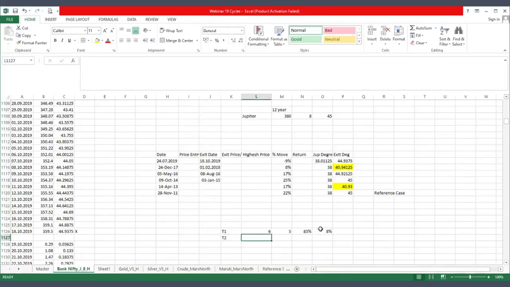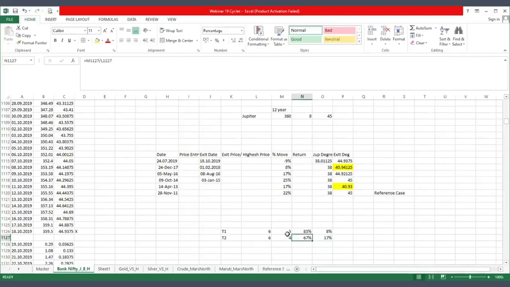Now I am going for the second target. What could that second target be? Cases are 6. Now this is something I have to give up, so I am giving up that I will not be aiming for only this, or maybe I will aim for that, but I will also aim for a bigger target. Out of all these 6 cases, we see that 4 cases have been at least 17%. So 4 out of 6 is 66%, or say two thirds probability, and it is 17%.